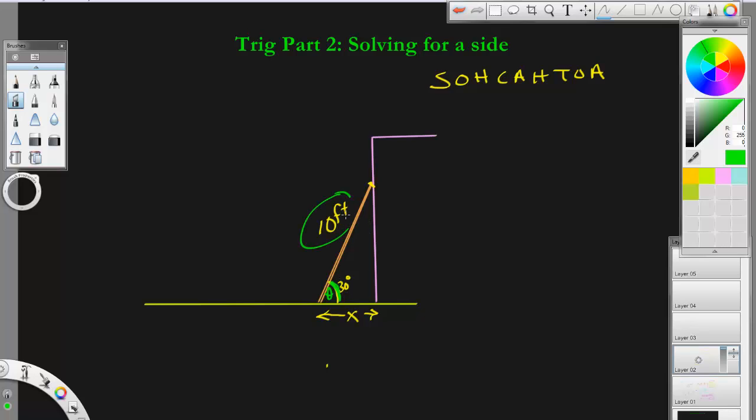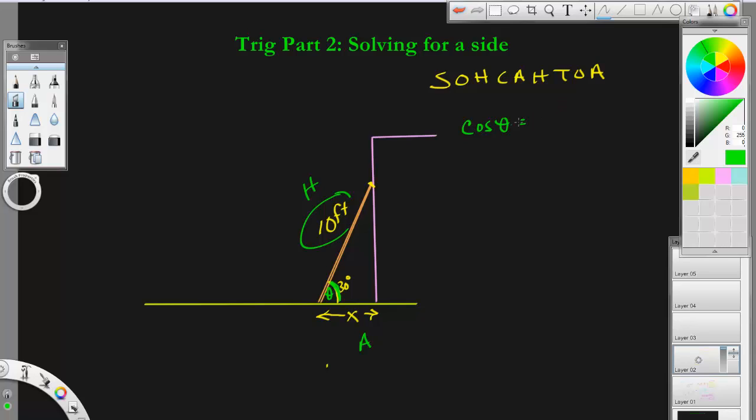So we have the hypotenuse and the side we're trying to find. What side is that, class? That's the adjacent side. This would be the opposite side over here. This is the adjacent side. So which one has the hypotenuse and the adjacent in it? The cosine.